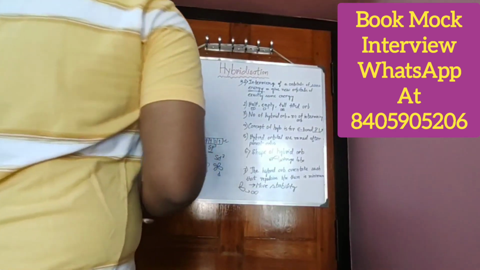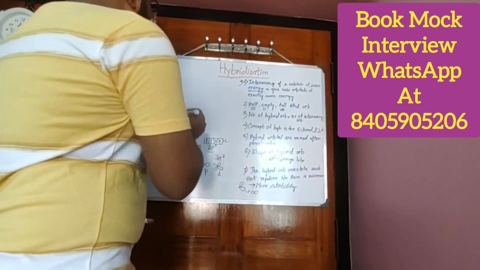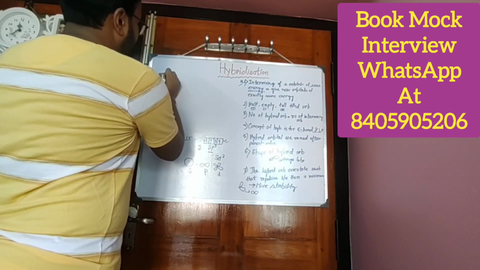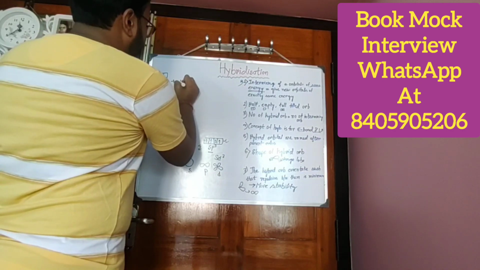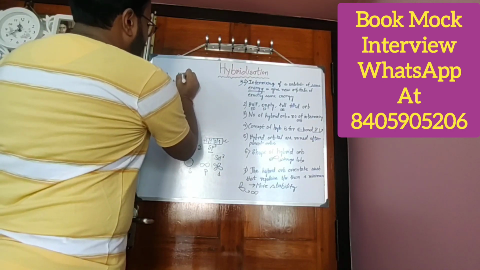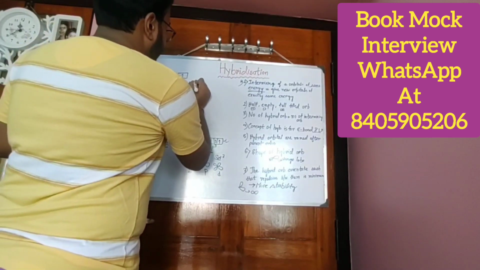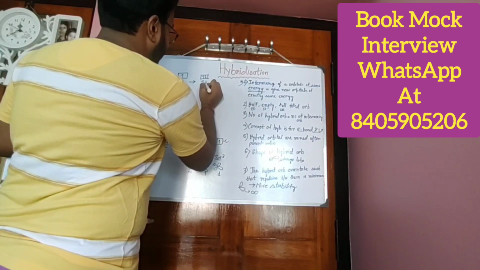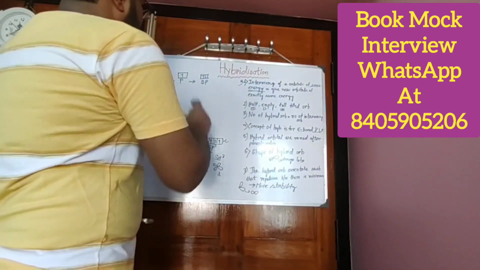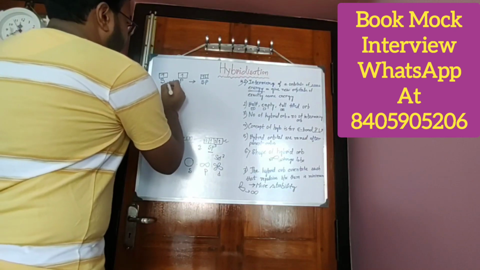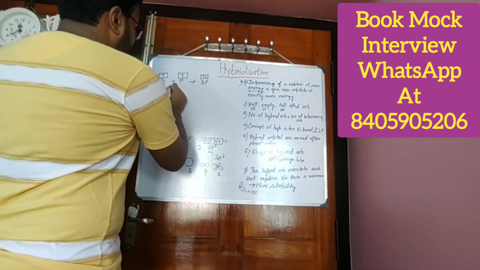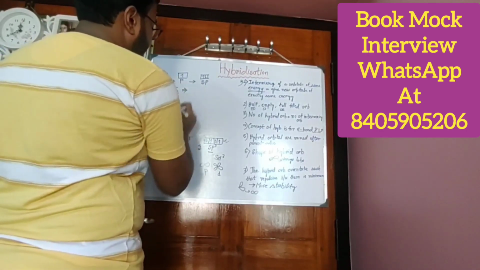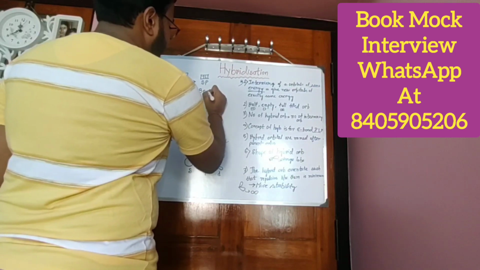So if we take one s orbital like this, with one unpaired electron, and one p orbital, with one unpaired electron, it will give sp hybrid orbitals. An example of sp hybridization is BeF2. And what is the geometry of this? The geometry of BeF2 is like this.